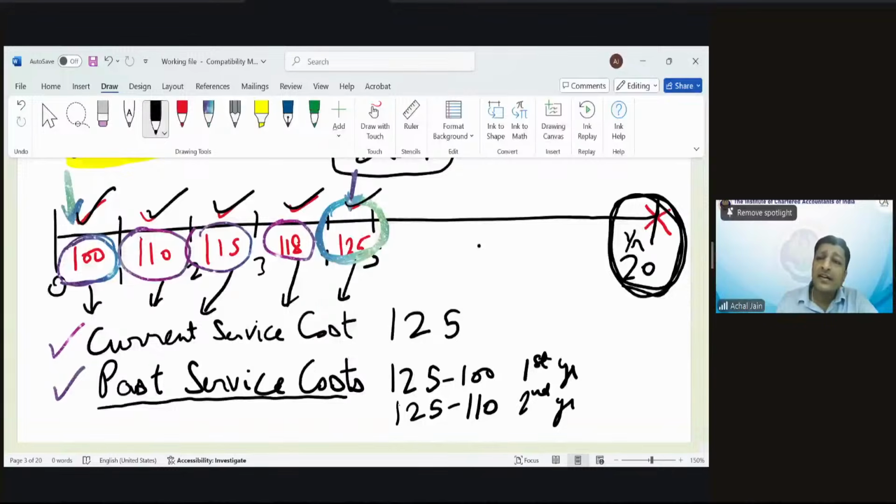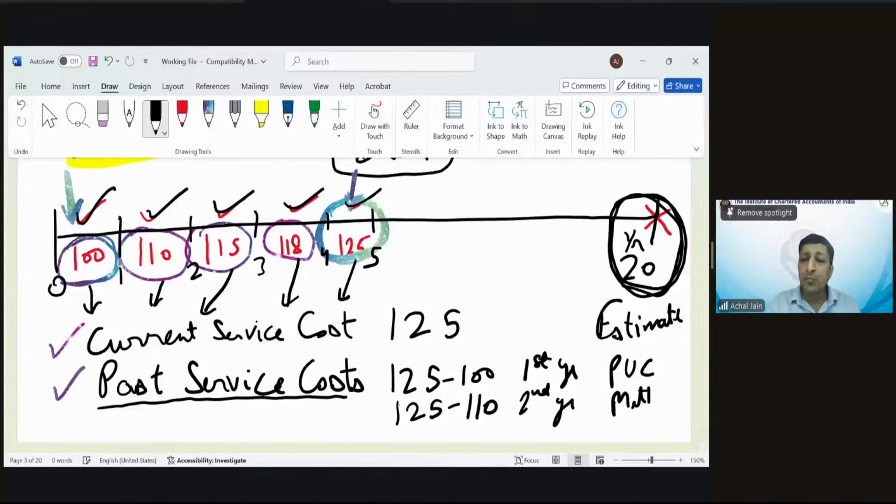So for estimating that amount which is payable to the employee at the end of year 20, you need some methodology. And the standard says the method that you follow is called the PUC method. Projected unit credit method is what you use for estimating this amount. Who do you involve?